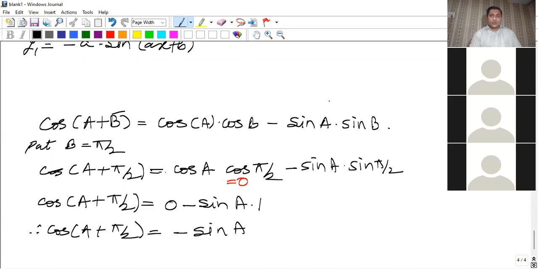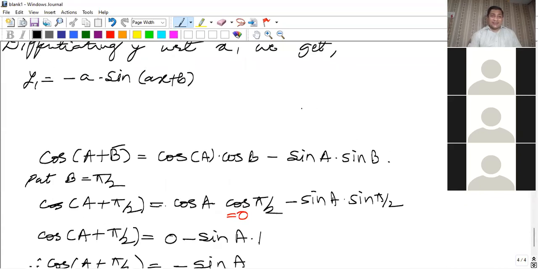So that means this minus sine of A, can I write it as cos of AX plus B plus pi by 2?